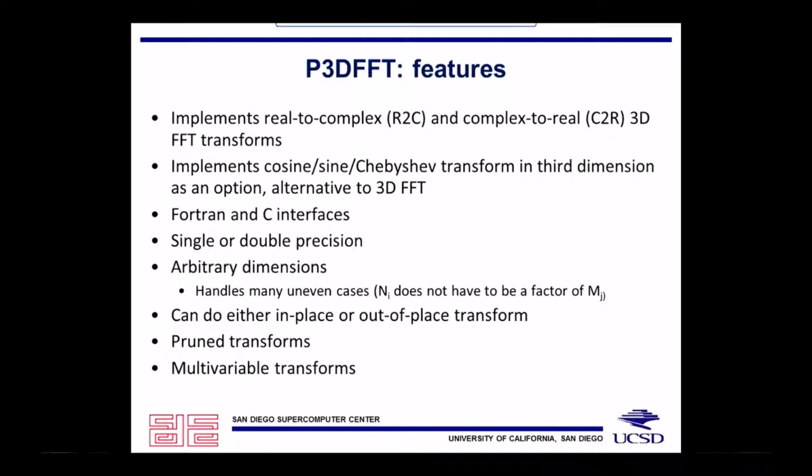It has both Fortran and C interfaces. It can use single or double precision. It can handle arbitrary dimensions; they don't need to be evenly divided. It can do either in-place or out-of-place transforms. It can also do pruned transforms, I'll explain later what these are, and also multivariable transforms. Next slide.